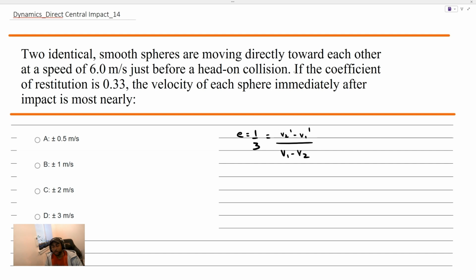If the two objects are traveling towards each other, their relative velocity is the sum of the two speeds. That means this difference term right here is going to be 12. If we know that the relative speed between the two objects before impact is 12, we can multiply it by 1/3 to get that the relative velocity after impact must be equal to 4.